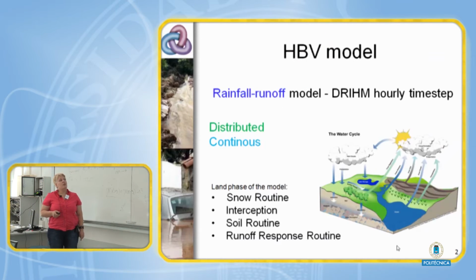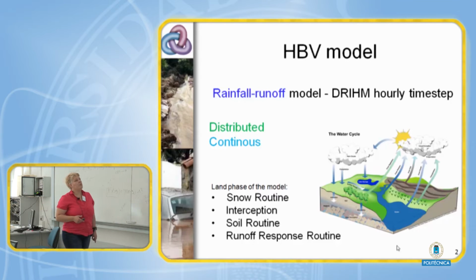HBV is a continuous rainfall runoff model, meaning that it can generate runoff when you force it with rainfall. For the DRIHM project, we chose the version with hourly time step, but if you run the standalone version, you can choose any time step that you find appropriate for your problem.